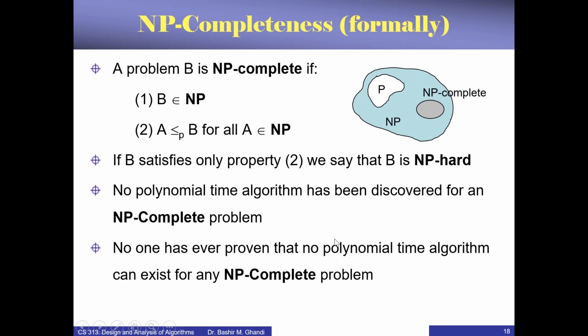So maybe some brilliant student in the future may come up with a solution to an NP-complete problem. That has not been proven either way. No polynomial algorithm has been found, and it has not been proved that one cannot be found. This is why the question of whether P is equal to NP is still open. We just don't know. I hope this is clear.